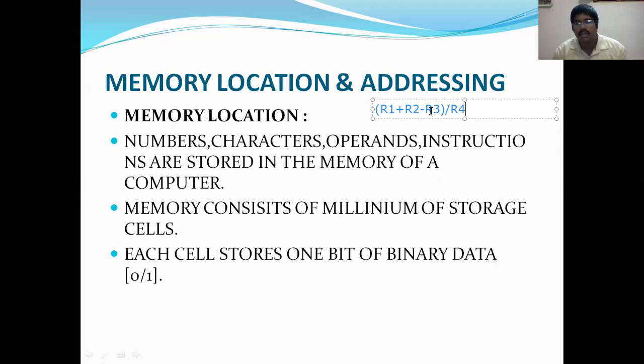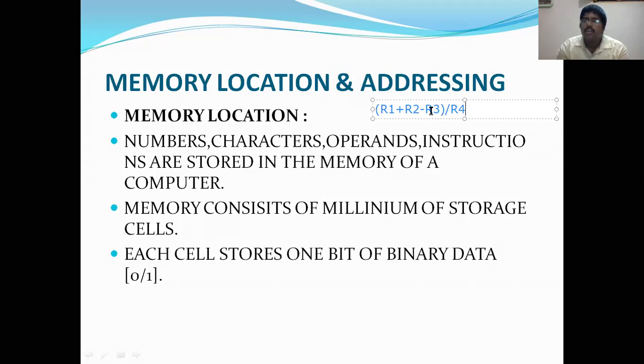So that is the purpose of a memory. Memory is used to store numbers and instructions. What is a program? A set of instructions. The program is also going to be stored in the memory itself. Values and instructions are both stored in the memory.